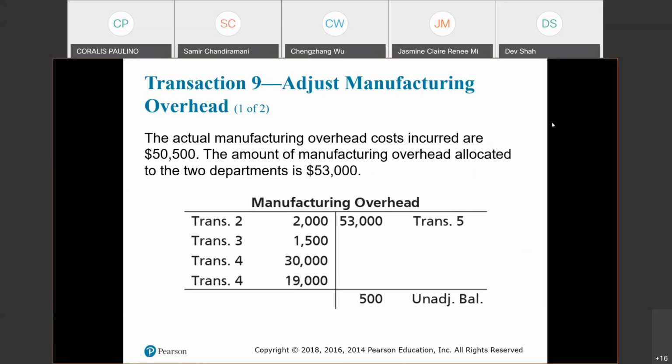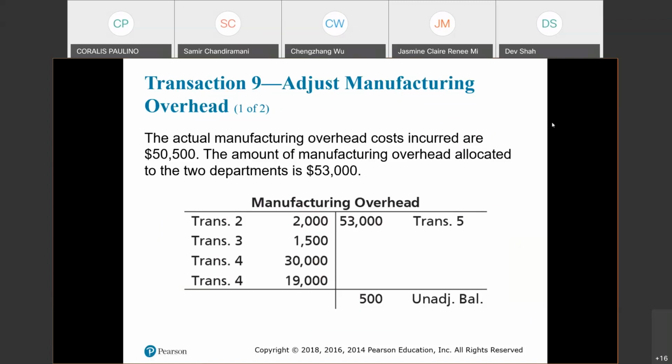Well, I said that manufacturing overhead account is a temporary account, which means that the ending balance of this account should be 0.